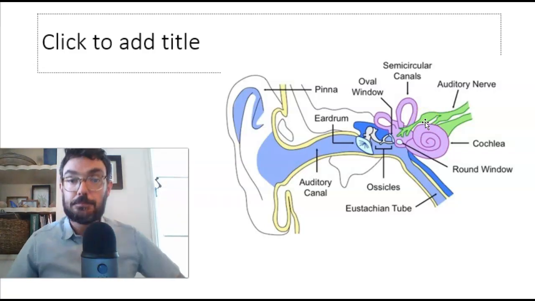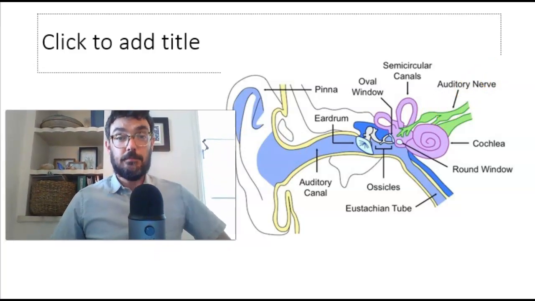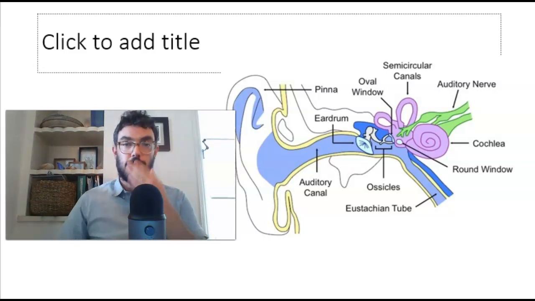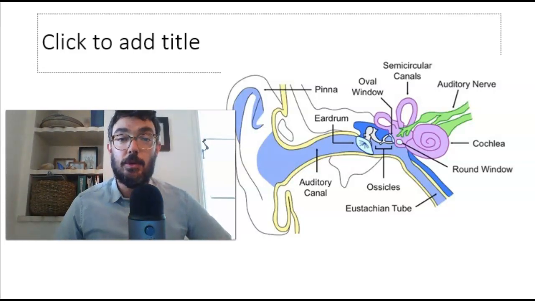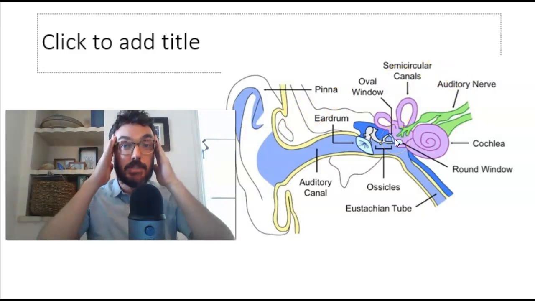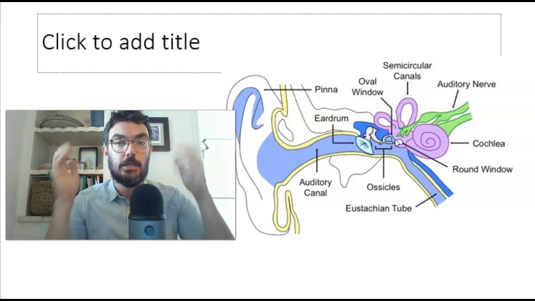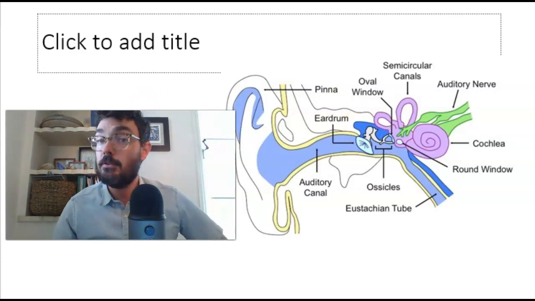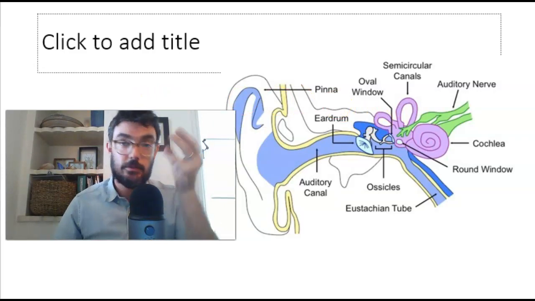Your brain is going to interpret the meaning of the different wavelengths of sound that they hear. And then we go from the reception of vibrations to the perception of sound or language or music in the brain. And so that's our final receptor as far as the outside world goes.